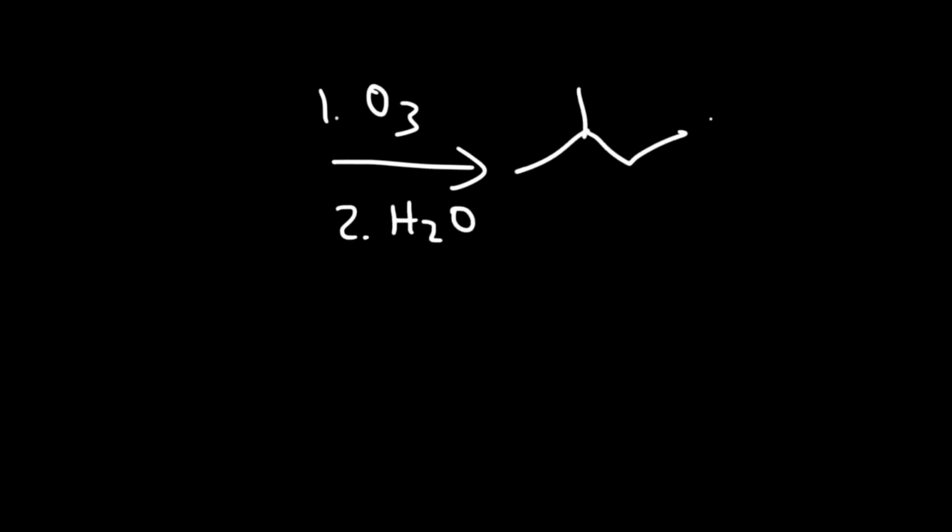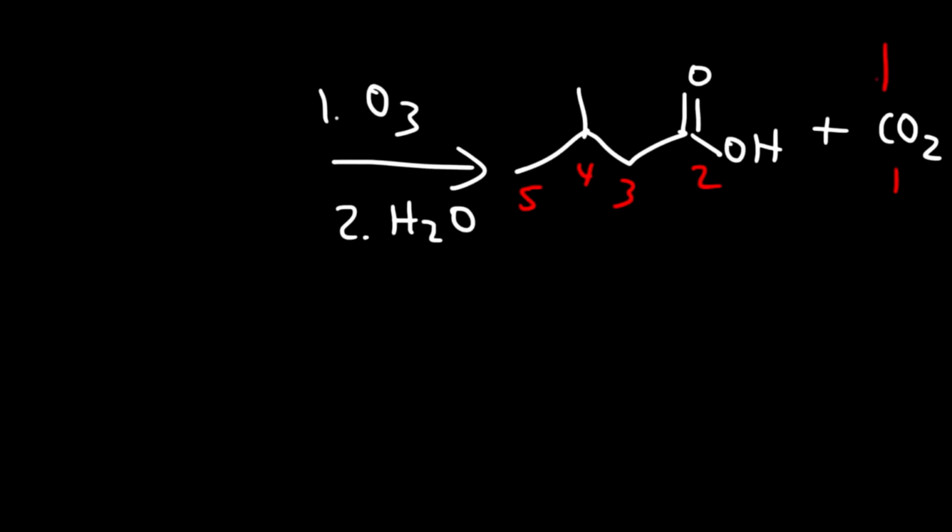Now let's try one more example. So let's say we have a carboxylic acid and we have carbon dioxide as one of our products. What is the original alkyne that was used to make these two products? So we have a total of 5 carbon atoms.